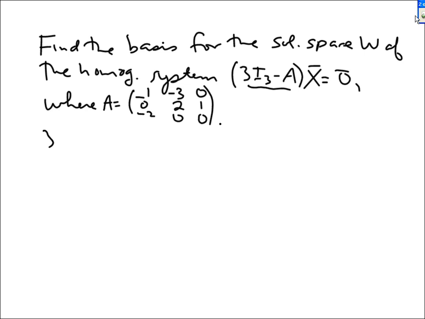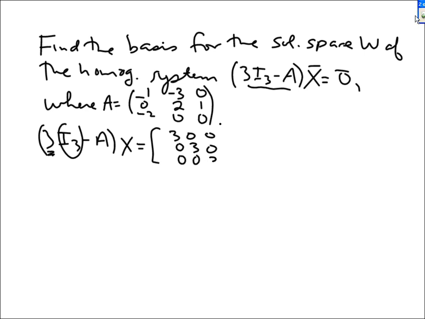So 3I3, 3 times the 3 by 3 identity matrix, minus A times the vector X. Well, this 3 by 3 identity matrix times the number in front gives us this. Multiply all entries in I3 by 3. And then I take away matrix A, -1, -3, 0, 0, 2, 1, -2, 0, 0.